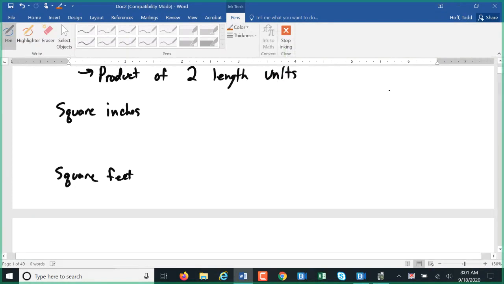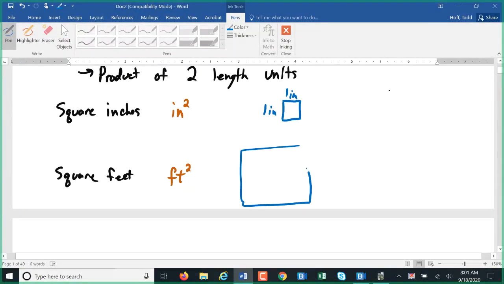Sometimes pronounced just inches squared, which is the way it's abbreviated, or feet squared. A square inch, of course, is just a square that's 1 inch by 1 inch. Square foot, this will not be drawn to scale, but is just a square that is 1 foot by 1 foot.